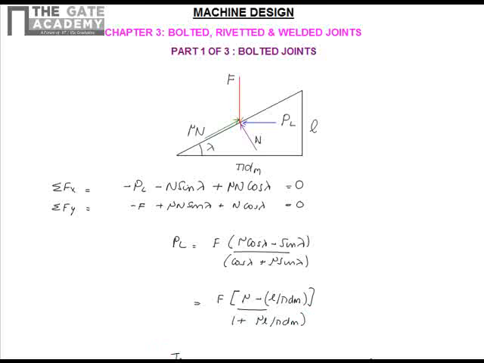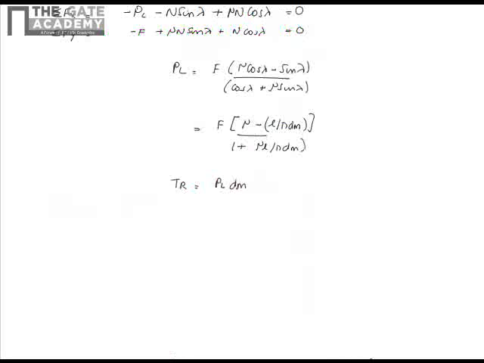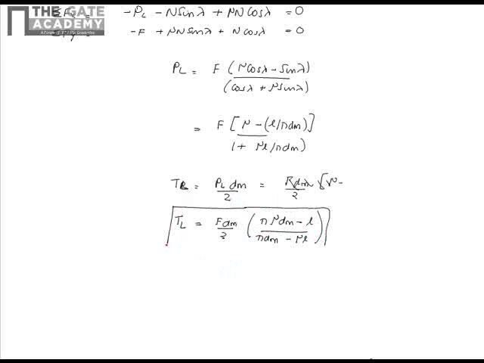Therefore, the torque required to lower the load will be equal to PL into dm by 2, which will be nothing but F dm by 2 into pi mu dm minus L divided by pi dm plus mu into L. This will be the torque required to lower the load, and this will be the force required to lower the load.